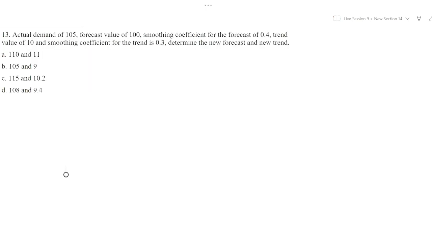Next question. The actual demand is 105, the forecast value is 100, the smoothing coefficient for the forecast is 0.5, the trend value is 10 and the smoothing coefficient for the trend is 0.3. Determine the new forecast and the new trend. So in this question we have to find the forecast.